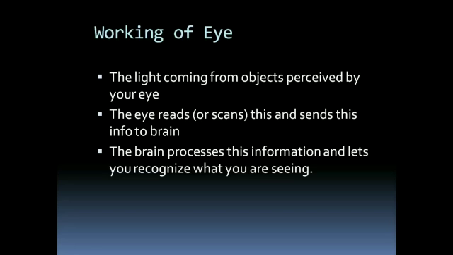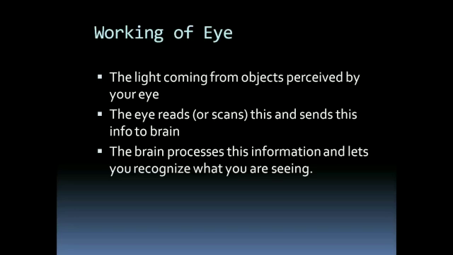So your eyes are going to sense that light. Then it is going to send that information to your brain. Whatever is perceived by the eye will be sent in the form of a signal to your brain, and your brain analyzes whether I have seen that object before, is it a new thing, is it dangerous, is it soft, is it hard, like that.